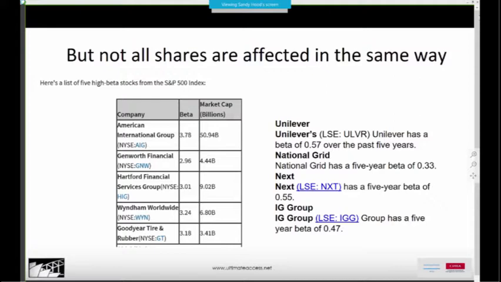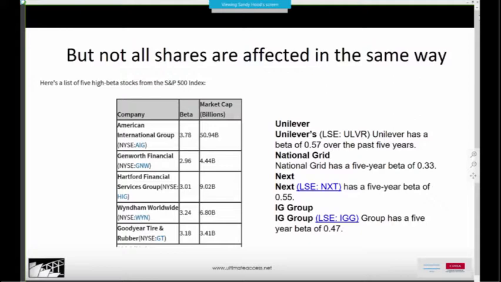And on the other side of this slide, I've got these ones, some of which have got LSE, which means London Stock Exchange, next to them, and Unilever, the company that produces lots and lots of different products, cleaning products, some food products. Because they are in a stable environment, they have a beta which responds less. It's a 0.57 beta, meaning that if there is any volatility within the market, their volatility would be less than the market as a whole.